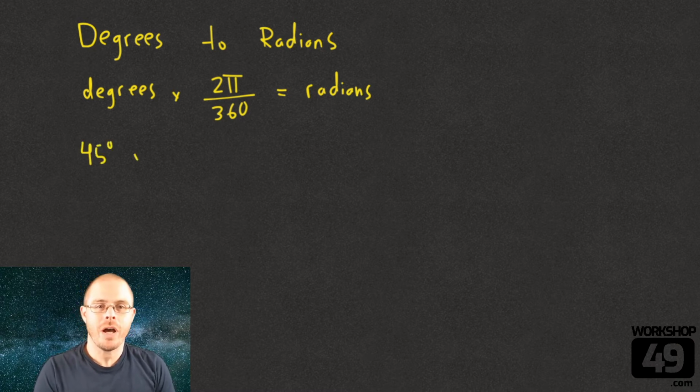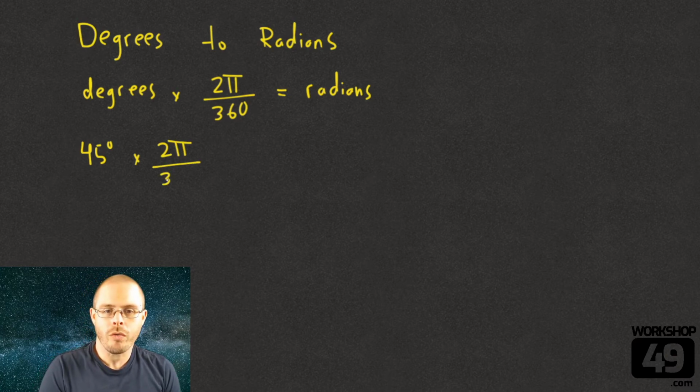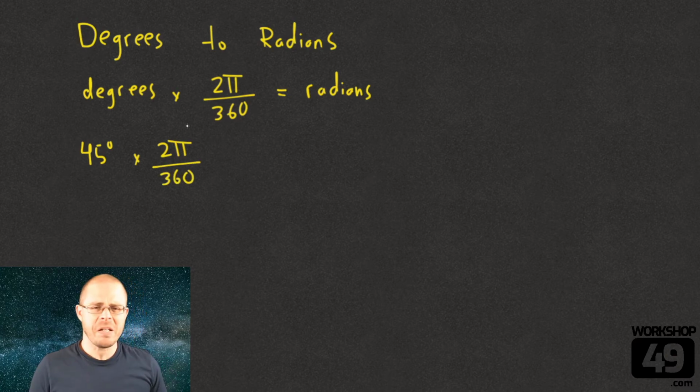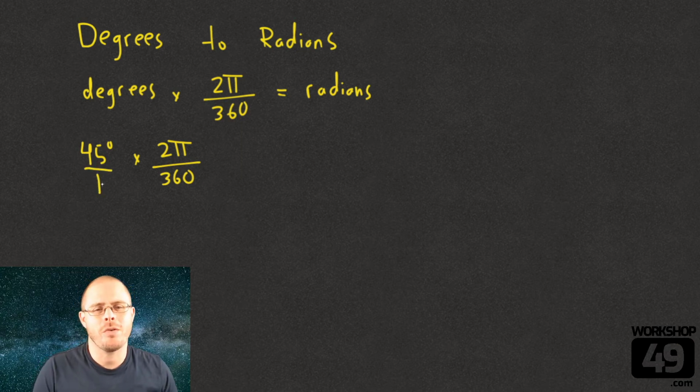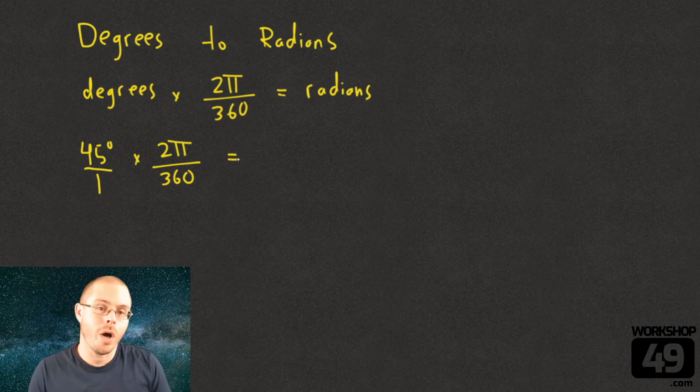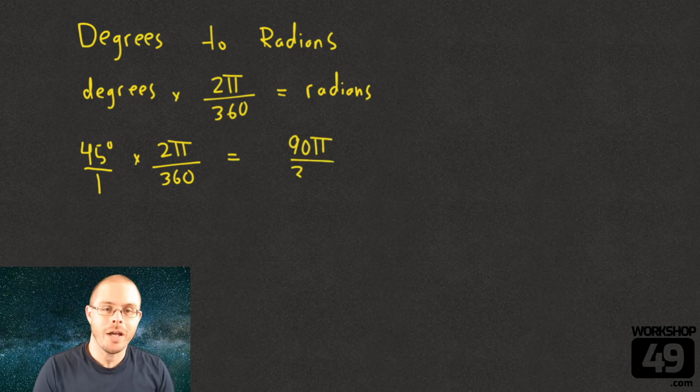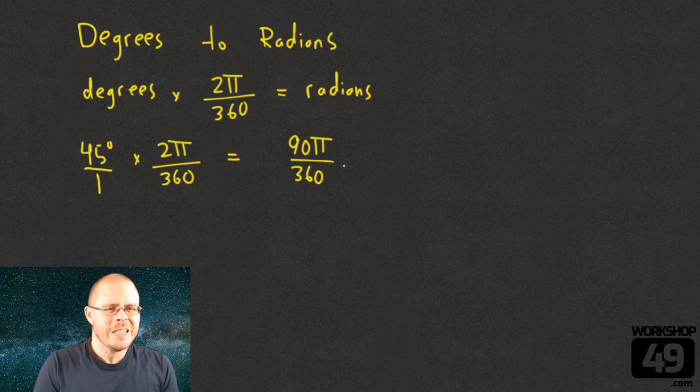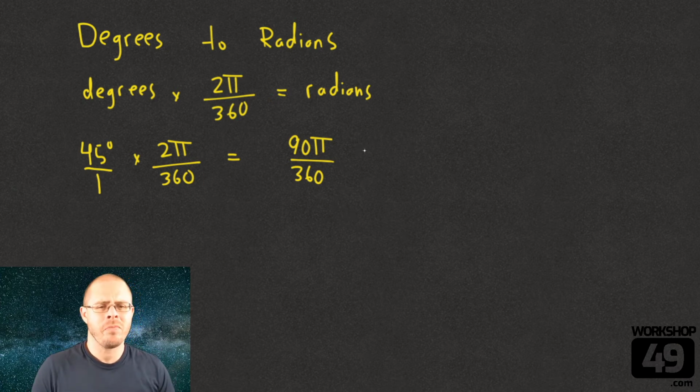So we start off with 45 degrees, and we multiply by 2 pi over 360. Multiplying top to top, bottom to bottom. Okay, sure, there's no bottom, but if there's no bottom, it's over 1. 45 over 1 is a fraction. 45 times 2 pi, 90 pi, 1 times 360, 360. If you can reduce this fraction in your head, huzzah!